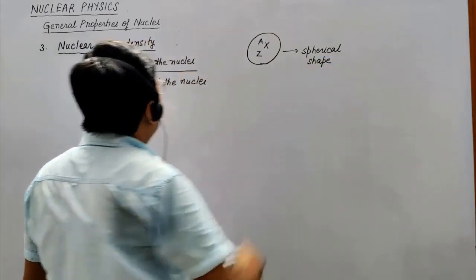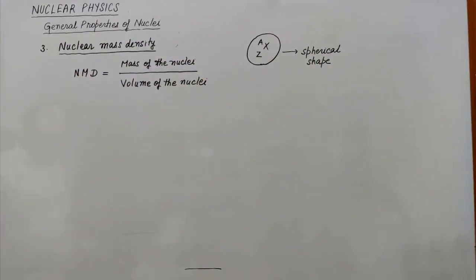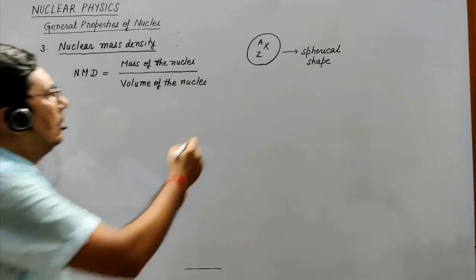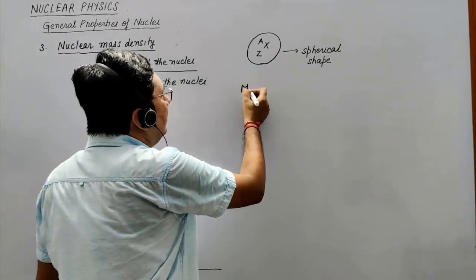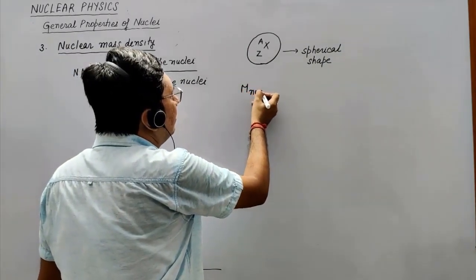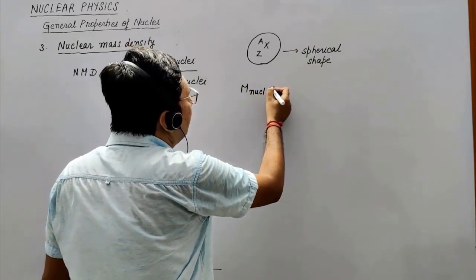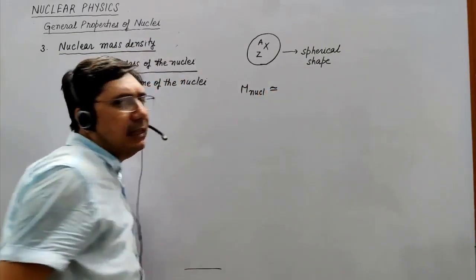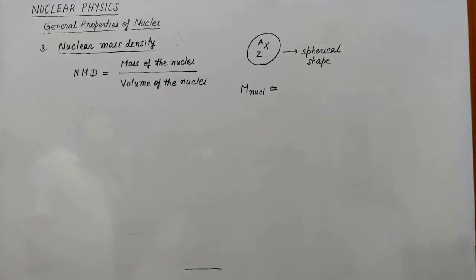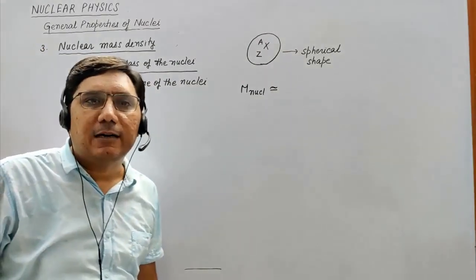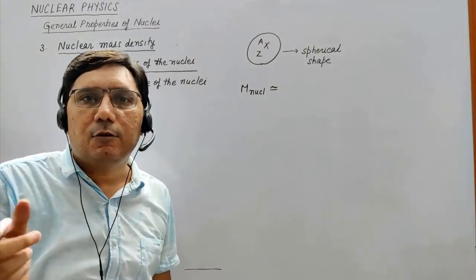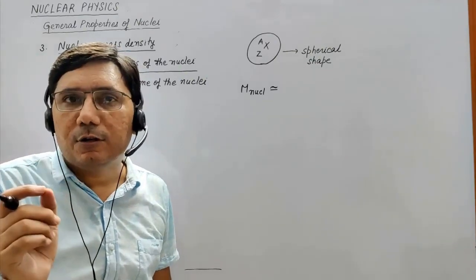So what will be the mass of the nuclei? It will be nearly equal to, I am not saying exactly equal, because inside the nuclei we have two types of particle, proton and neutron. Combinedly they are known as nucleons.